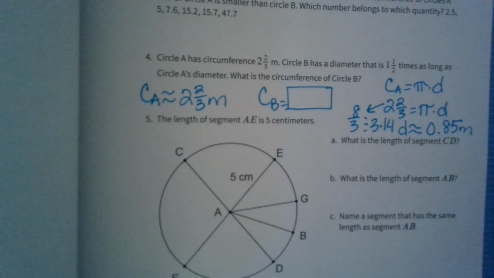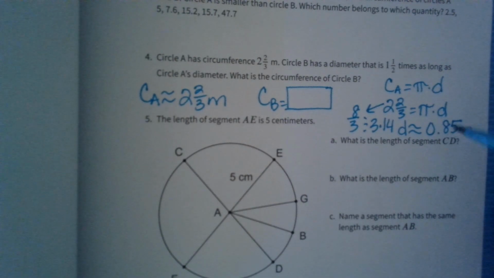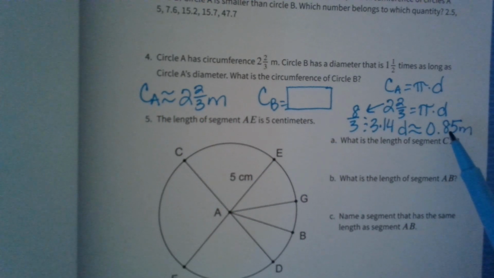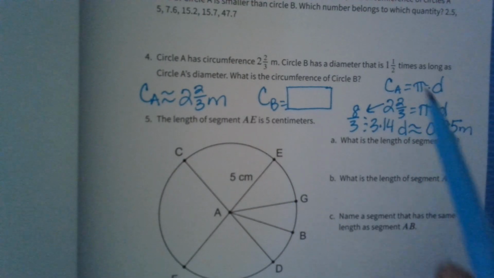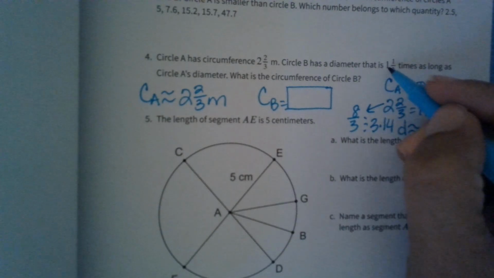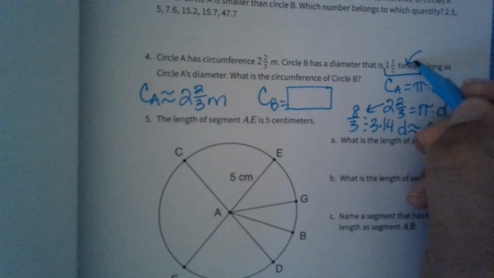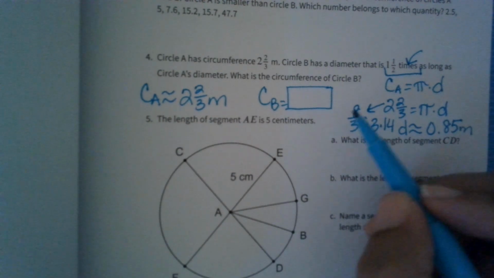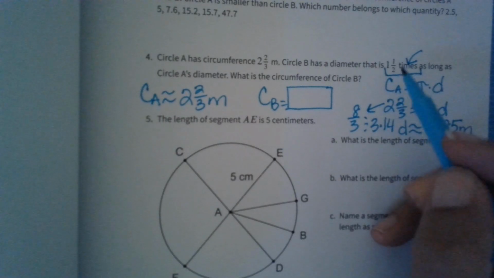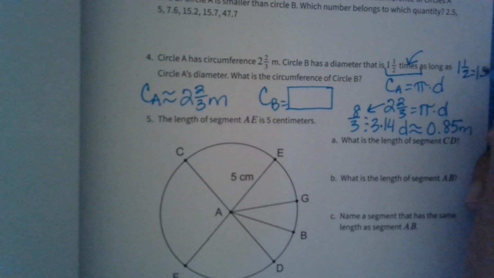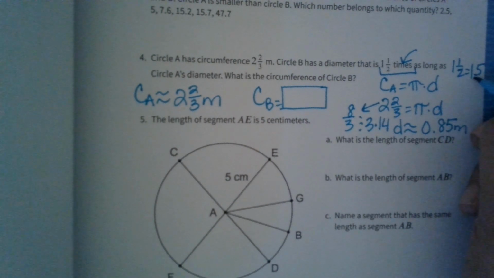Now, because this diameter represents circle A, I know circle A's diameter is 0.85. But diameter B is supposed to be much longer than that. So I'm going to take my 0.85 and I'm going to multiply by 1.5. And why? Because the word times tells me I'm multiplying. So I'm going to take 0.85 times 1.5. Now, if you write 1 and a half as a decimal, that's the same as 1.5.